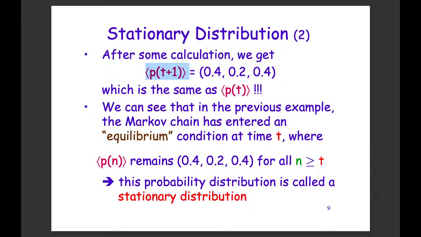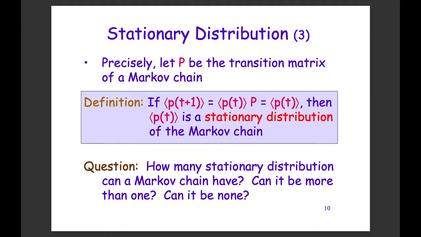Not all Markov chains have a stationary distribution. Some will have, some will not. Some will have more than one stationary distribution, some will have exactly one, and some will have zero stationary distributions. But one criterion to decide whether a distribution is stationary is just this check: we want to check whether pt plus 1 is really equal to pt.